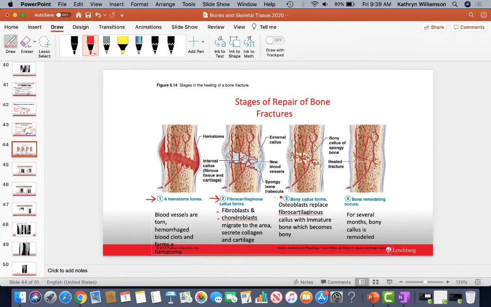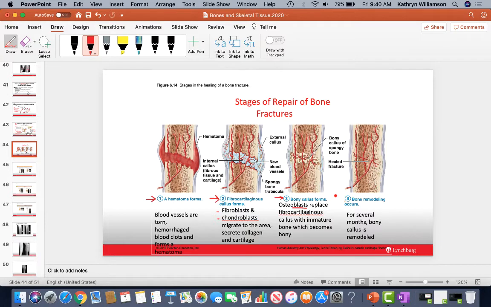The third step is going to be replacement of that initial fibrocartilage callus with osteoblast-secreted osteoid, like an immature bony matrix. So osteoblasts in the area are going to come in, and they're going to replace that fibrocartilaginous callus with bone.